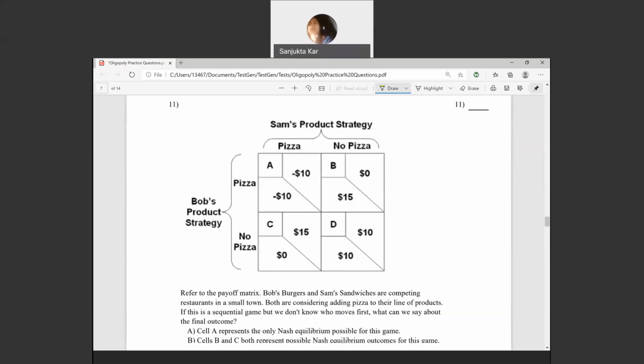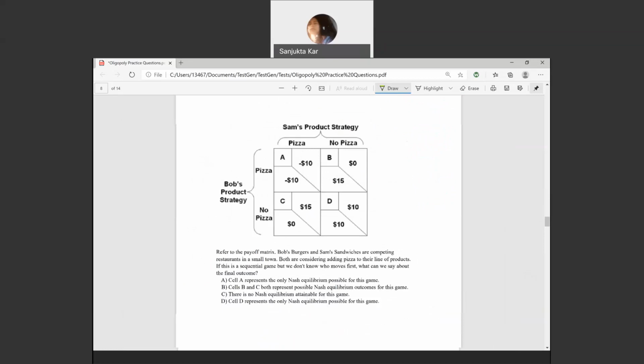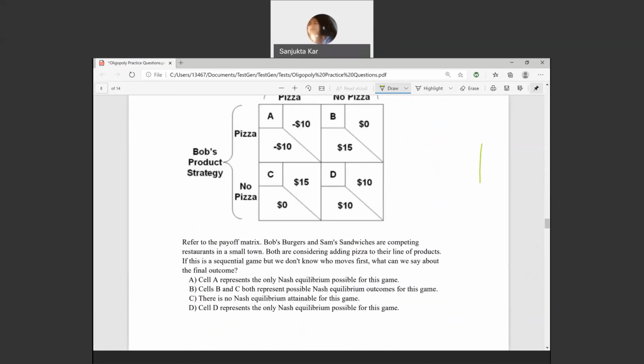Now let's take a look at which question is this one. I believe this is question number 11. If this is a sequential game, but we do not know who moves first, what can we say about the final outcome?